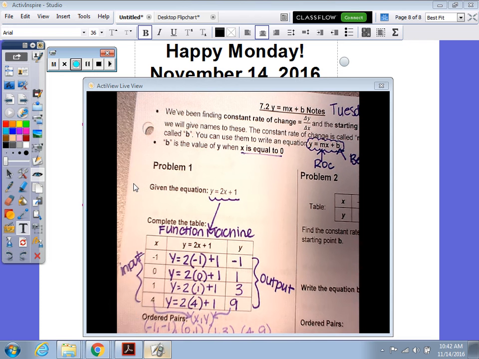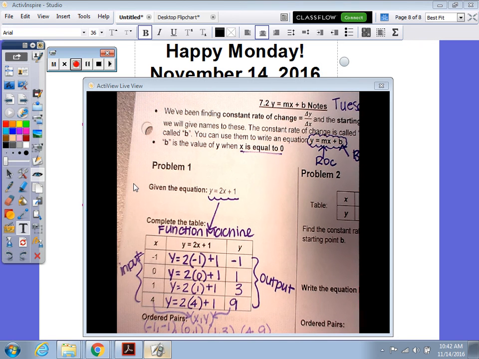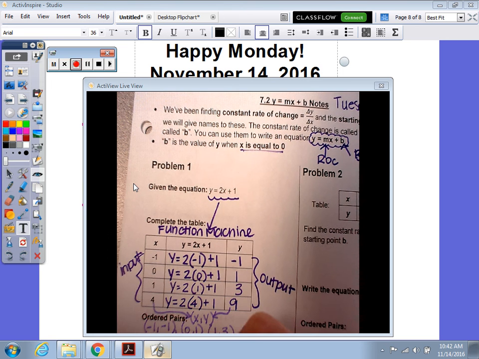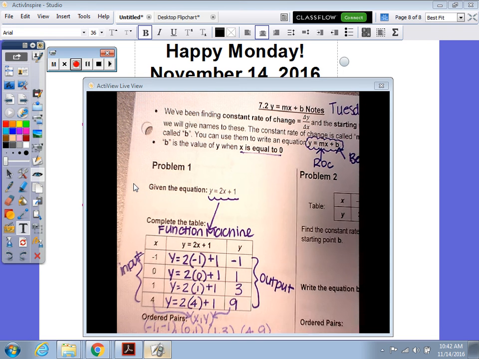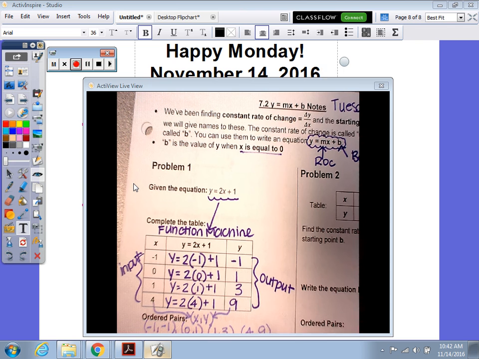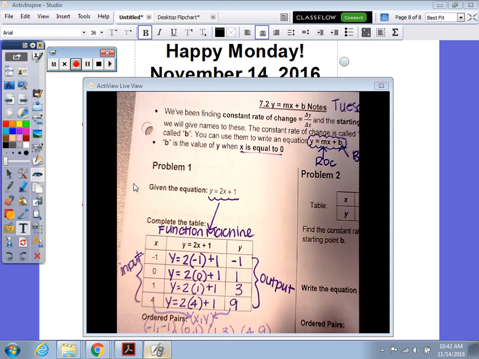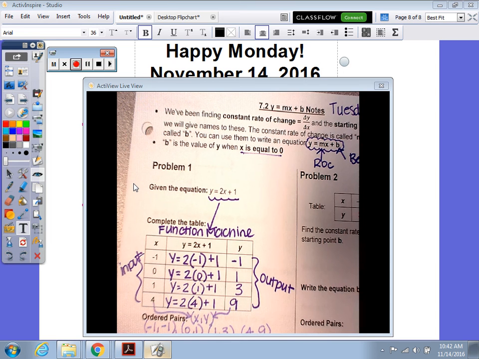Now we're going to plot those points using our knowledge of graphing. Okay, and I can connect the points and extend them further because we know it's a line, which means it continues in both directions.